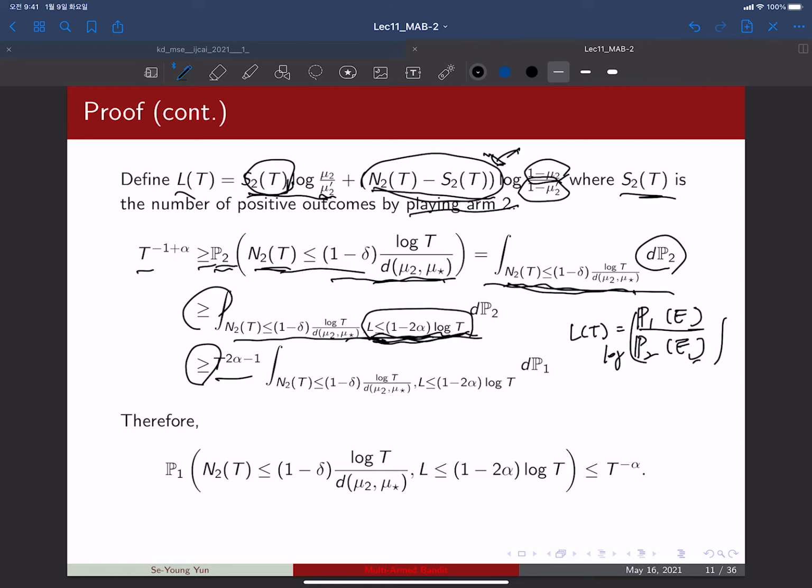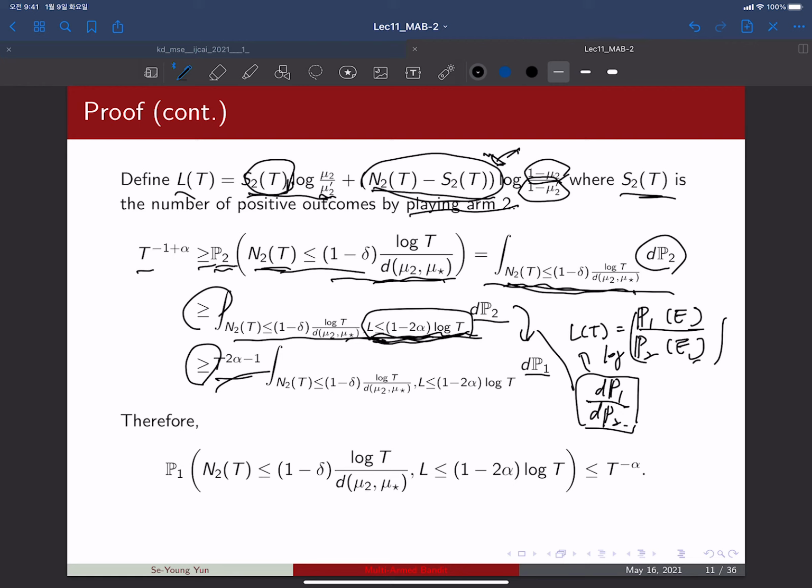We change dP2 to dP1. So basically, from here to here, we multiply by dP1 over dP2. That is LT for the event. And we assume LT is upper bounded by 1 minus 2 alpha log t. That's it.